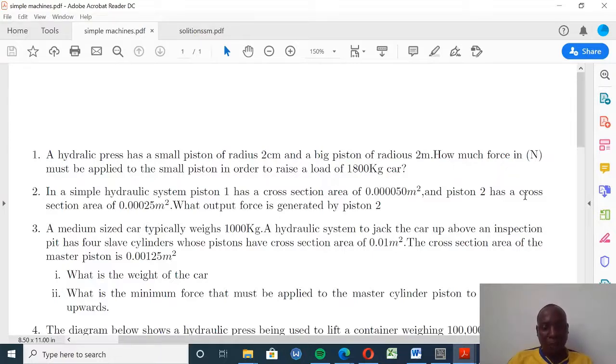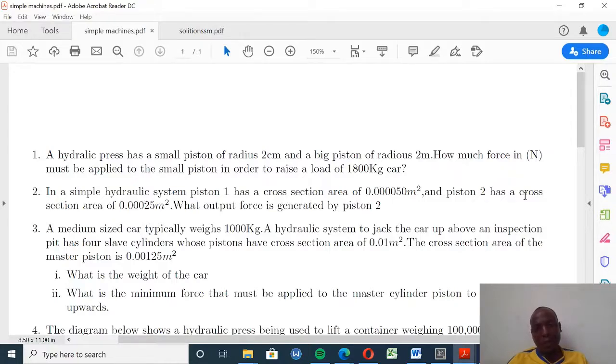Now what you have to understand is that we have two pistons here. There is one piston where the effort or the input force is put, and there is the second piston where the output force is obtained. In this case, we are told to get the output force generated in piston 2.